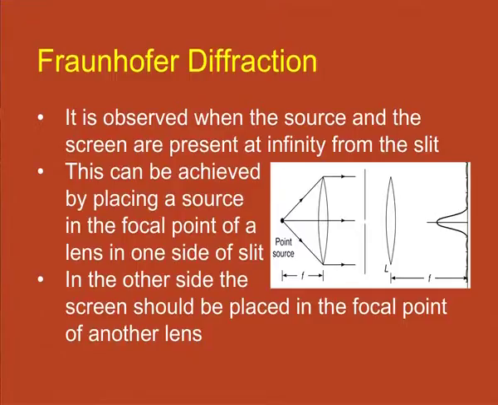So, the Fraunhofer diffraction can be achieved by placing a source in the focal point of a lens on one side of the slit. On the other side, the screen should be placed in the focal point of another lens.